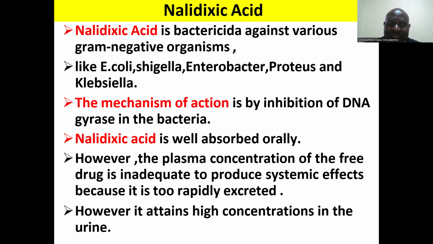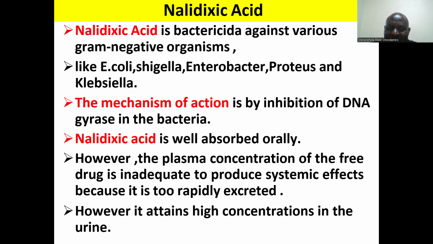Pharmacokinetics: nalidixic acid is well absorbed when given orally. However, it's good for you to know that the plasma concentration of the free drug is highly inadequate to produce a systemic effect, because this drug is rapidly excreted.